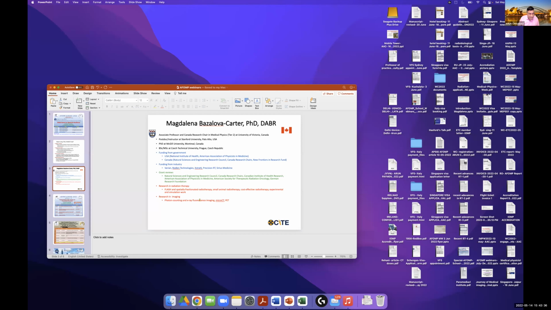Funding from the governments of the USA and Canada, a lot of projects, and funding from industry, Varian Technologies and others. Grant reviews she does for the Natural Sciences and Engineering Research Council of Canada, Canada Research Chairs, Canadian Institutes of Health Research, AAPM, the American Society for Radiation Oncology, and the German Research Foundation.